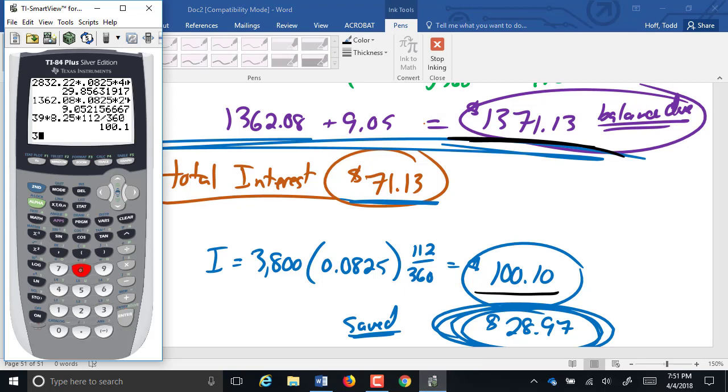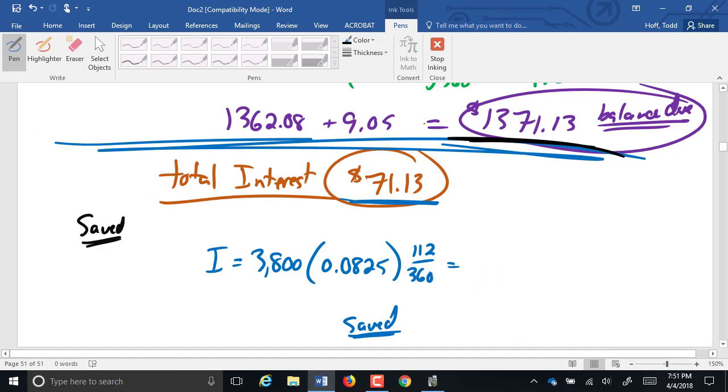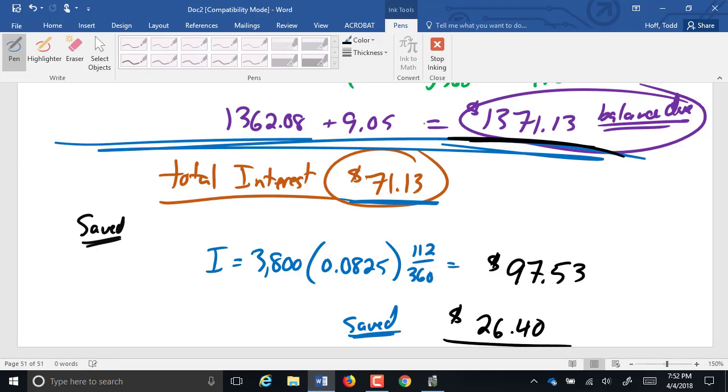Oh, I got 39 instead of 38. That's why. 97.53 is correct. So $26.40 is the amount saved.